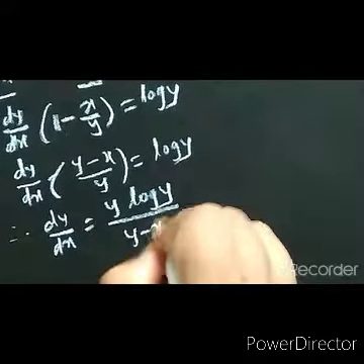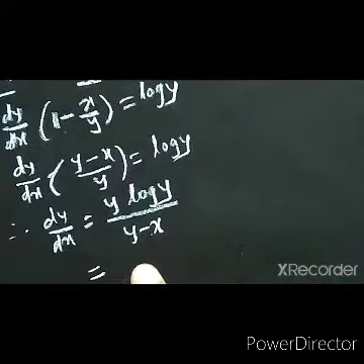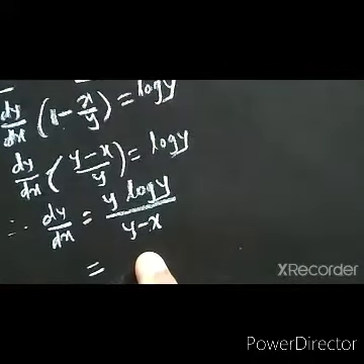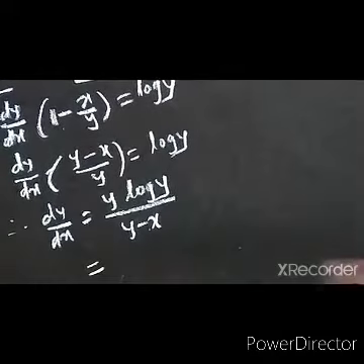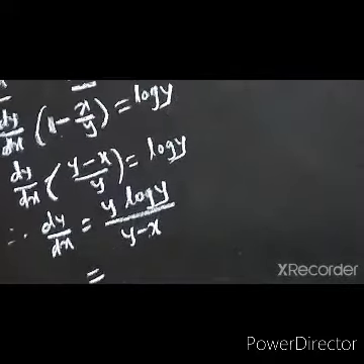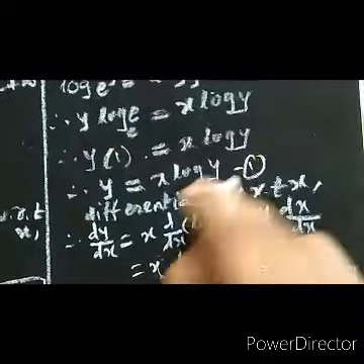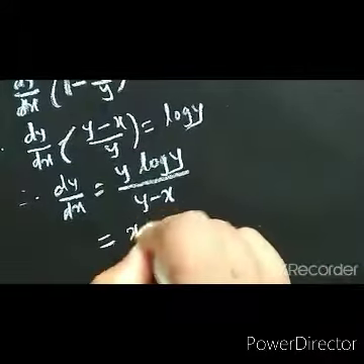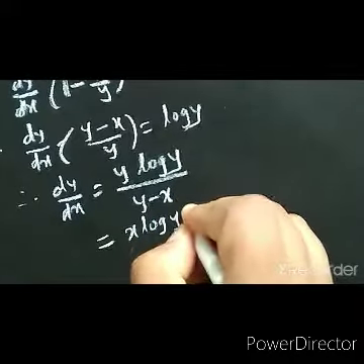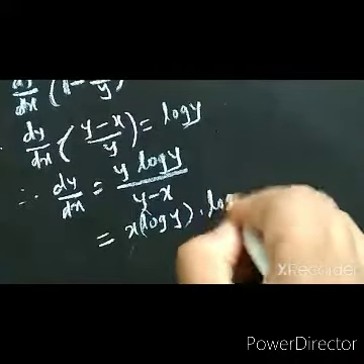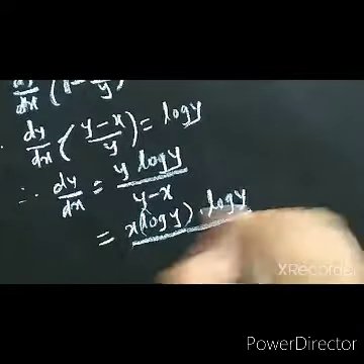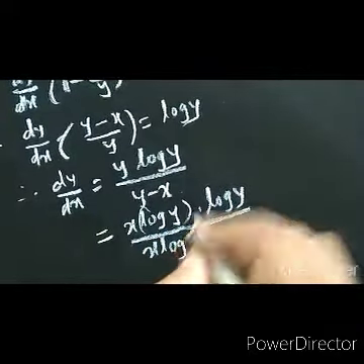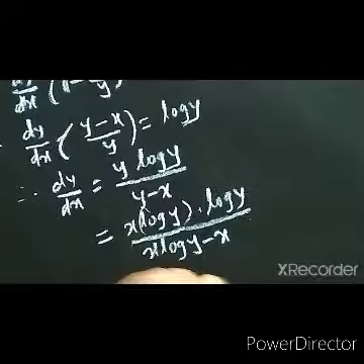upon y minus x. Here we can put the value of y, that is x log y. Here by equation 1, y is equal to x log y. This value we can put here: x log y into log y upon x log y minus x.